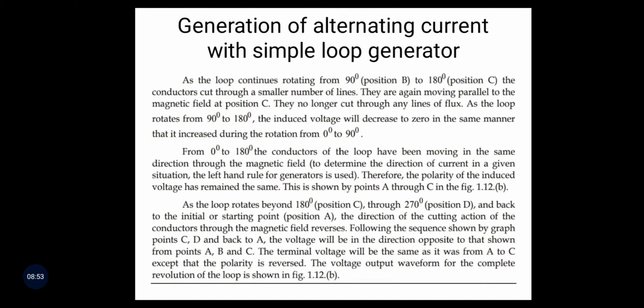So here the rotation direction is C, D and back to A. The voltage will be in the direction opposite to that shown from points A, B and C. The terminal voltage will be the same as it was from A to C, except that the polarity is reversed.